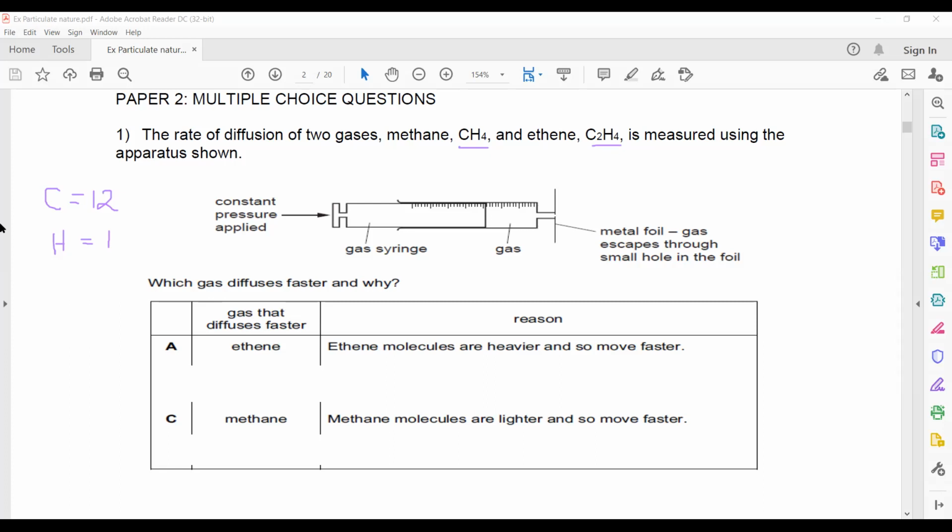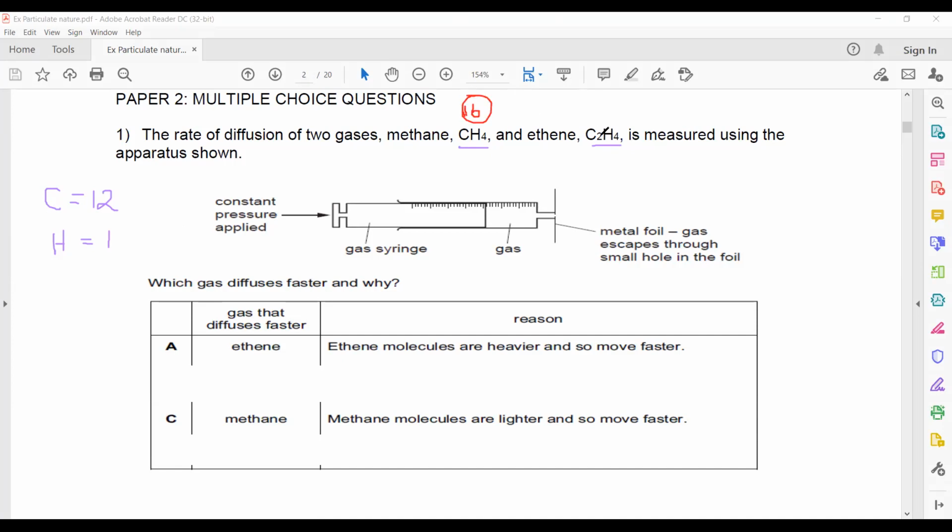Mass of carbon is 12 and mass of hydrogen is 1. So methane, it's written CH4, so carbon is 12, hydrogen is 1 into 4, so that is 16.